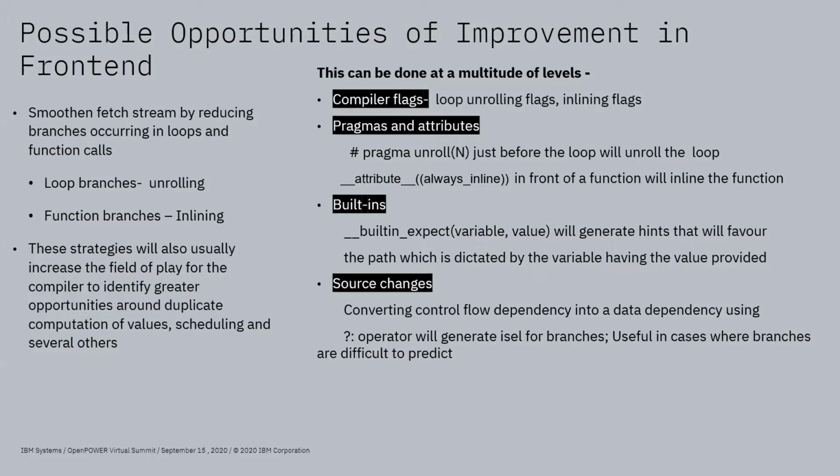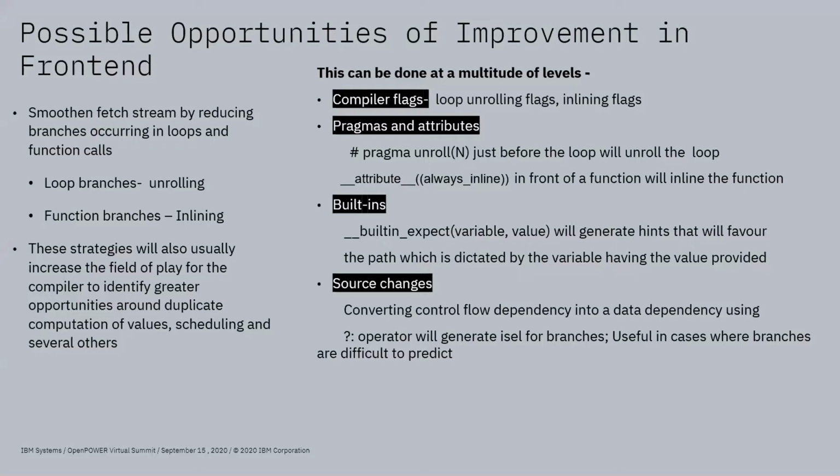How do these strategies help? They usually increase the scope for the compiler to identify greater opportunities and move things around. Speaking in layman's language, they increase the leg room so that the compiler can move things around without having to bother a lot. That's how these optimizations usually help.